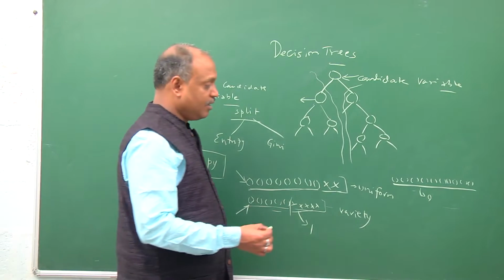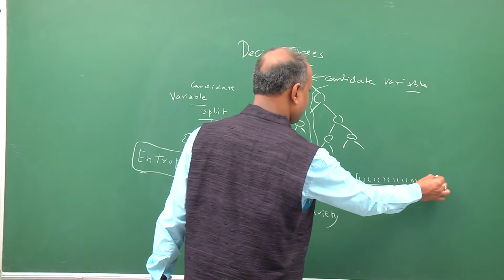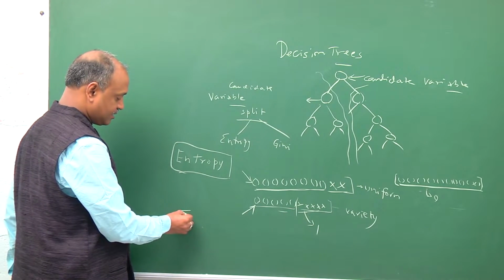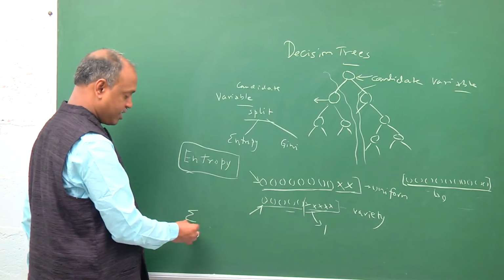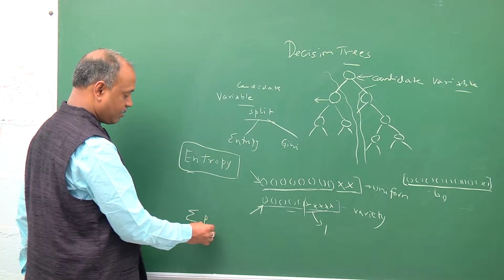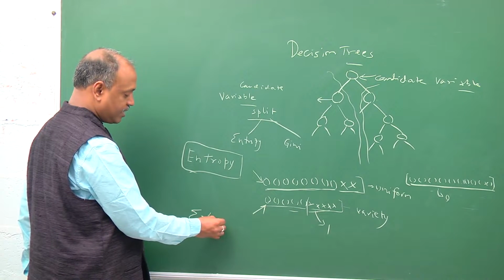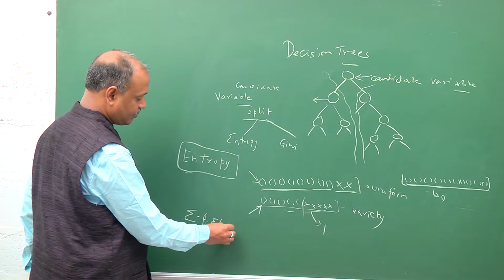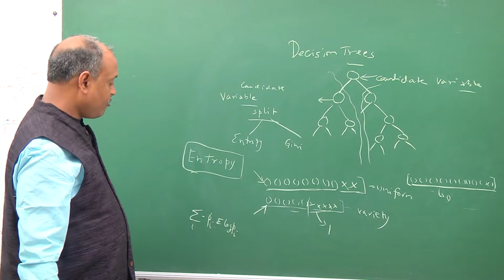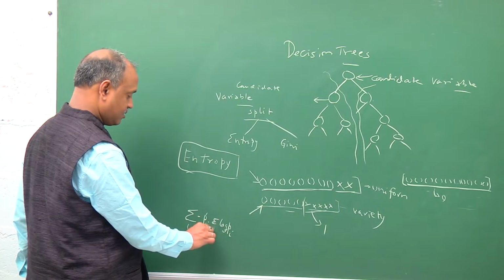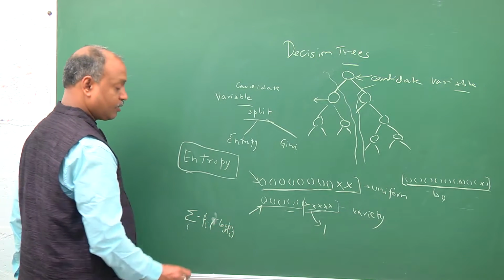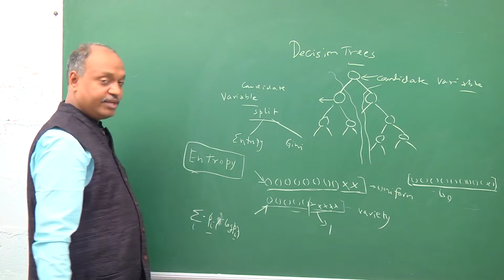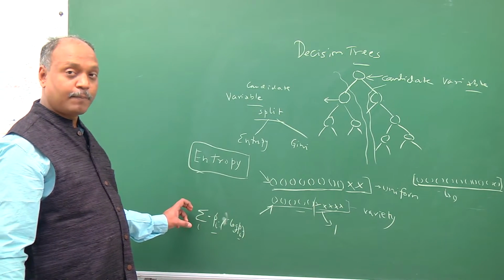We can also measure entropy by means of a technical formula: it is the sum over the different categories, here the two categories, of minus p_i log p_i. This captures the probability of each sample type or variety.